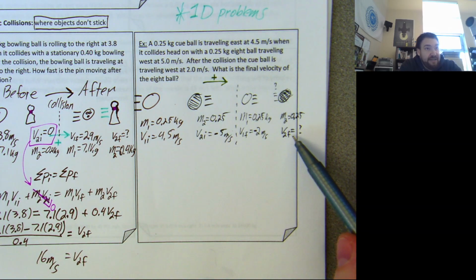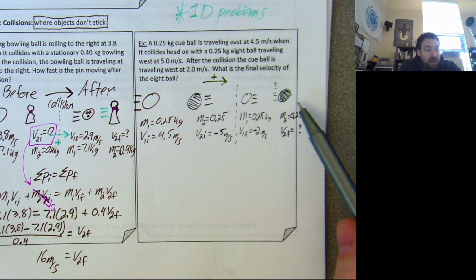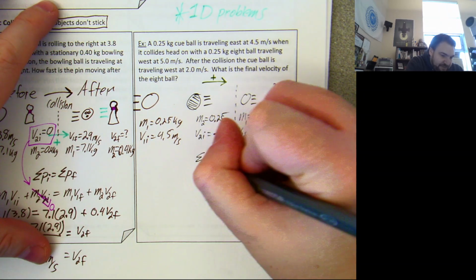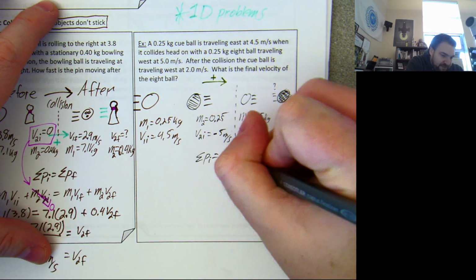If the final velocity here ends up positive, we said east was positive. If this velocity is positive, Lena's right, object's moving to the east. But if this shows up to be negative, somehow this object is still moving to the left or west. So let's ram this through our momentum equation. The sum of the momentums initially are going to equal the sum of the momentums at the end.